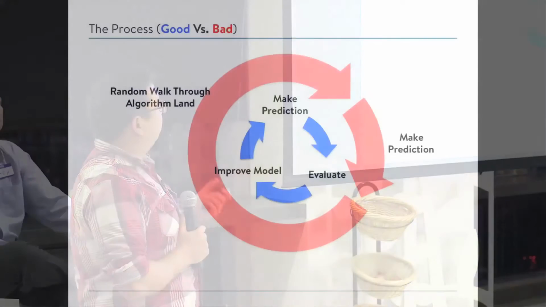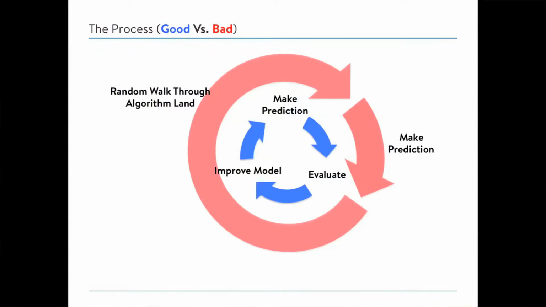So the way that I like to think of this is the right thing to do is to do this quick, tight loop of making a prediction, evaluating, and figuring out how you can improve your model, versus this sort of random walk through algorithm land. One of the things that someone said to me after the competition was, I don't have a very powerful machine. I just have my laptop.